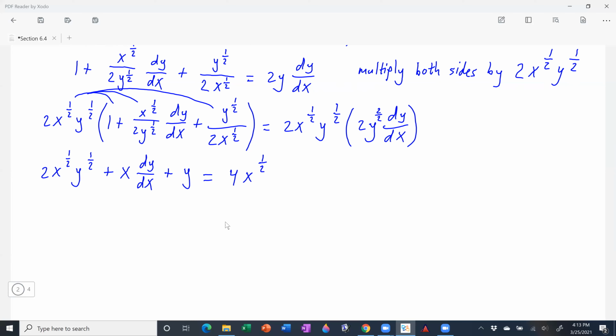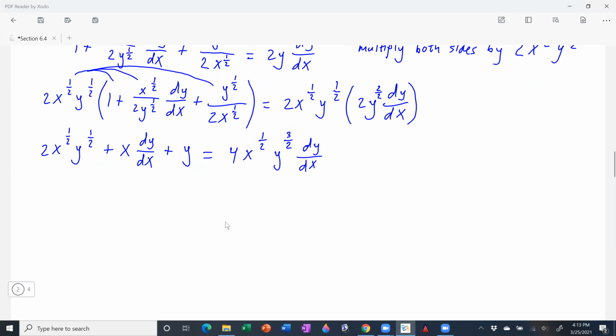It's going to be y to the 3/2 power. And then there's still this dy/dx there. A little bit messy there, but that'll probably keep our answer a little bit more under control compared to what we might have needed to do later on.